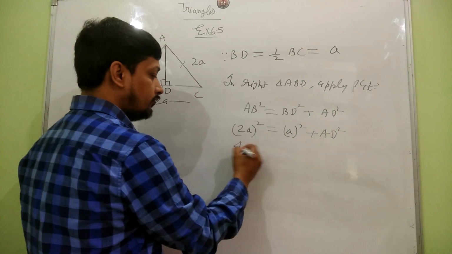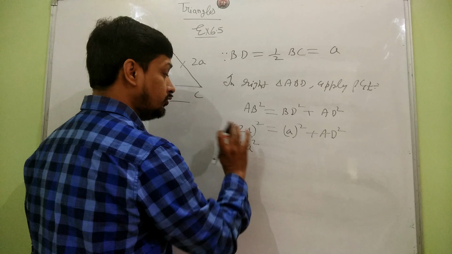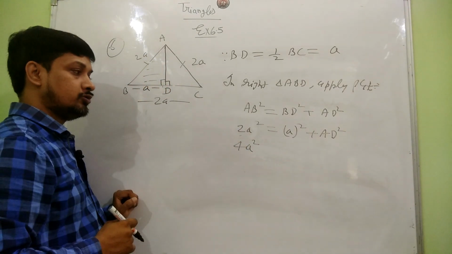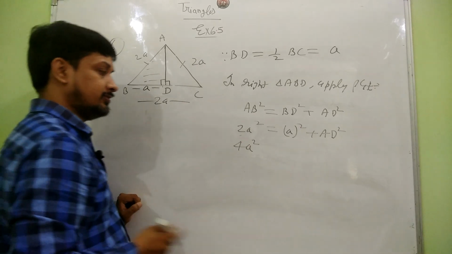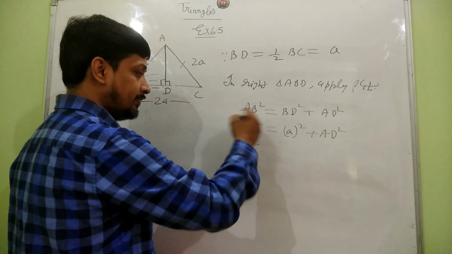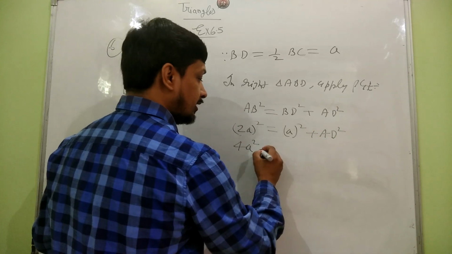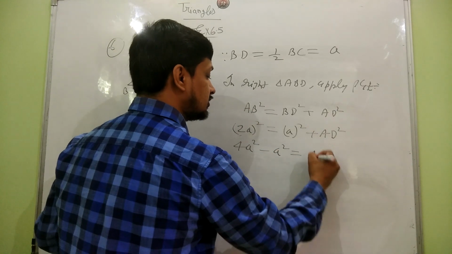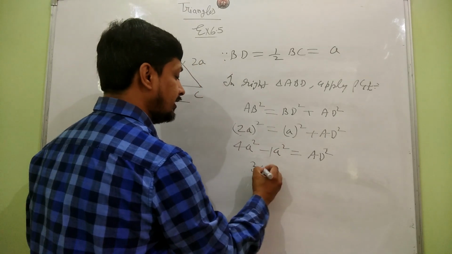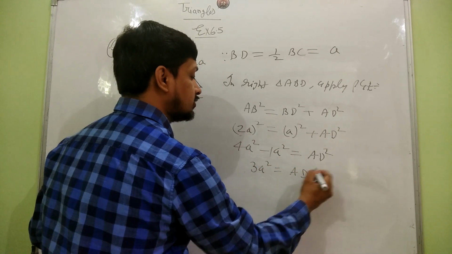So the square of 2A is 4A square. You should not write it like this. Some students write like this and then their answer will be wrong. So you have to write it in brackets. And plus A square will be shifted to give minus A square. Obviously it is 4A square minus 1A square, which is 3A square.